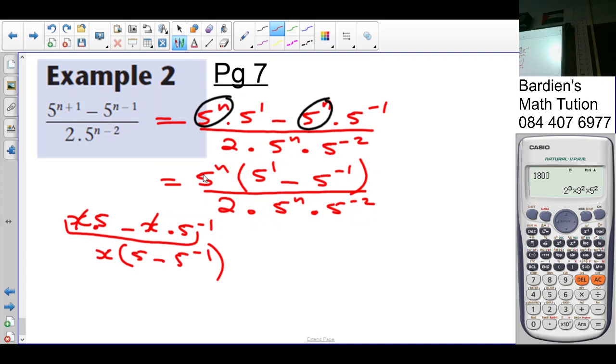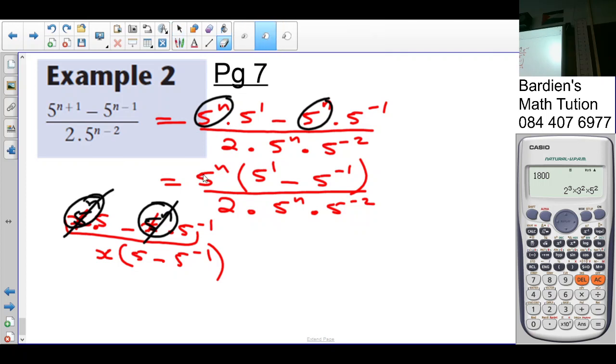Not so. But in x's place now, what do we have? 5 to the n. So this is what I'm saying now. 5 to the n there and 5 to the n there. So you take out 5 to the n as a common factor. Then I'm left with 5 minus 5 to the minus 1. Make sense?